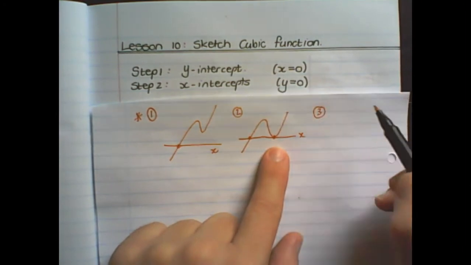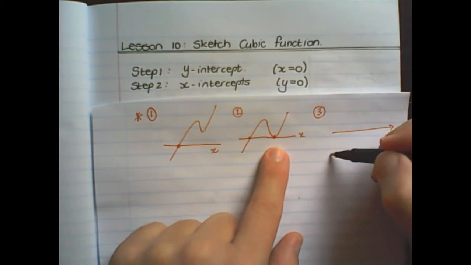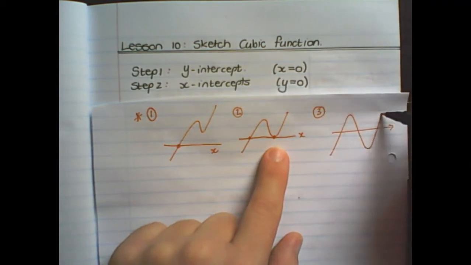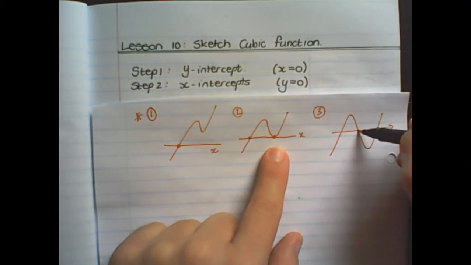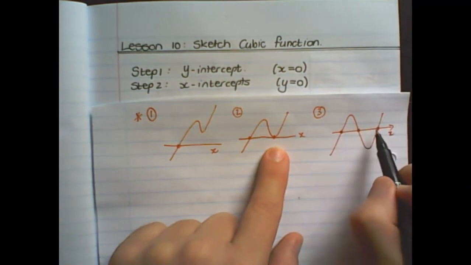And the third type is where we have 3 intercepts, where the cubic function goes through the x-axis at 3 separate places.